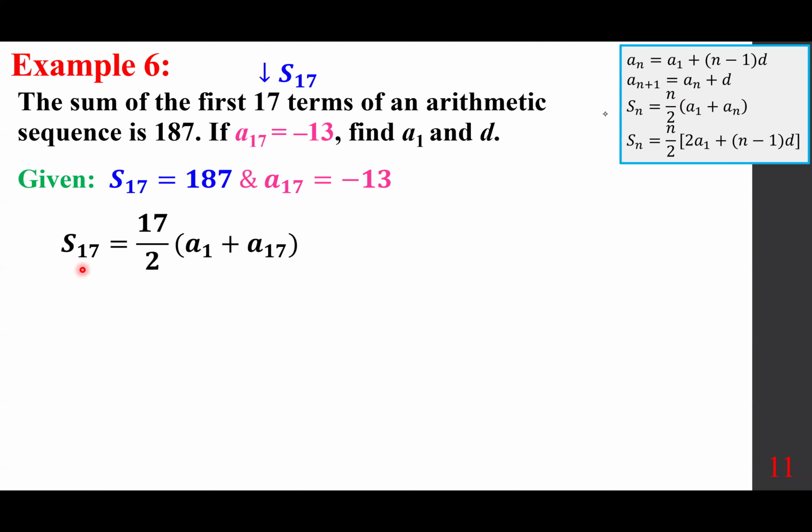Therefore, S sub 17 is 17 halves times a1 plus a17. And so if I plug in S17, which is 187, and a17, which is negative 13, pretty much we have the answer.